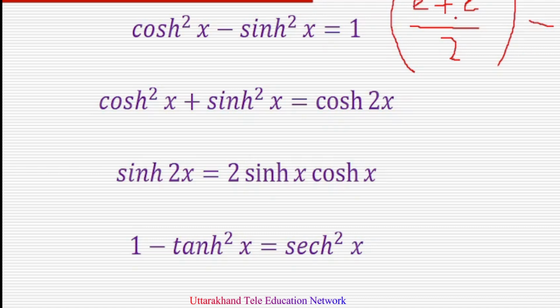Now by calculation we can see that the terms e raised to power 2x and e raised to power 2x will be cancelled out, e raised to power minus 2x and e raised to power minus 2x will be cancelled out, so we'll get only 4 by 4, that is equal to 1.